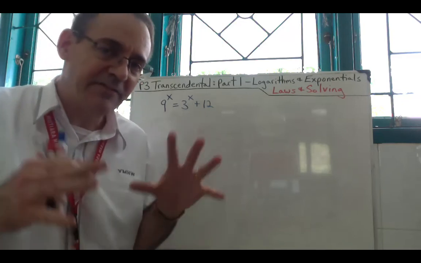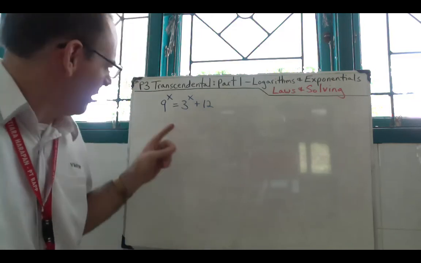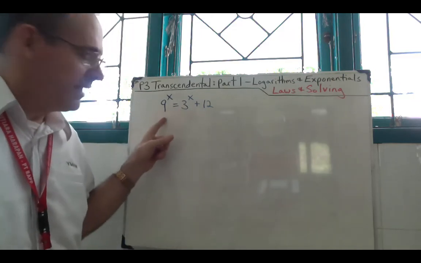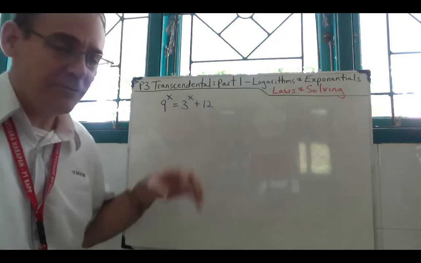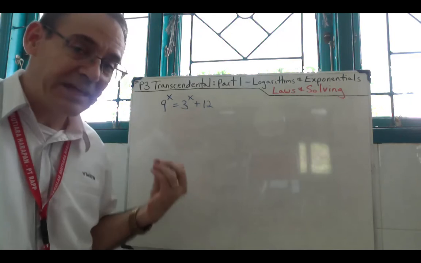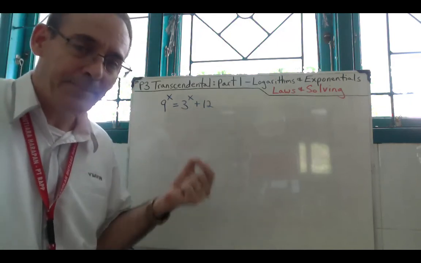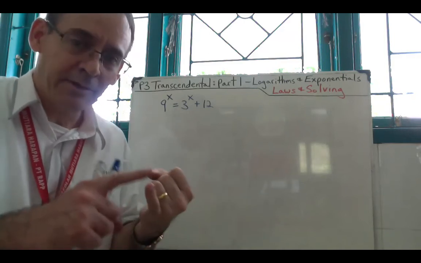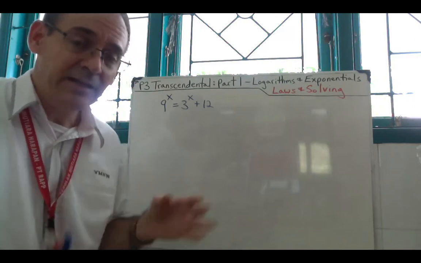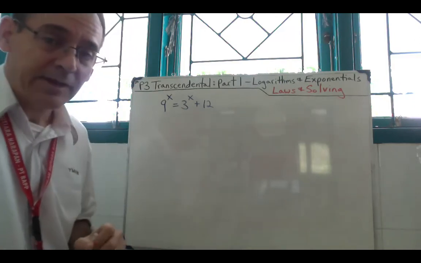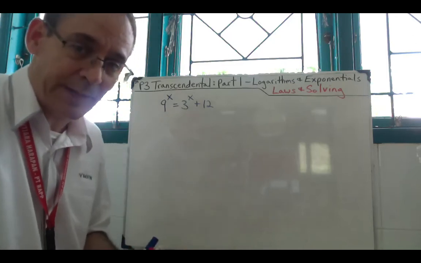So that is going to become a very helpful ability, for you to recognize when you can take two numbers and convert them into the same base. Now 12, even though 12 has a factor of 3, cannot be converted into base 3. In other words, 3 squared is 9, 3 cubed is 27, but we don't get a 12 from base 3 unless we use decimals, and obviously we can't bring that to our mind.